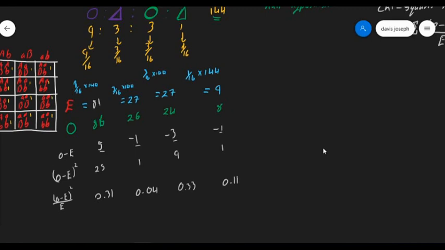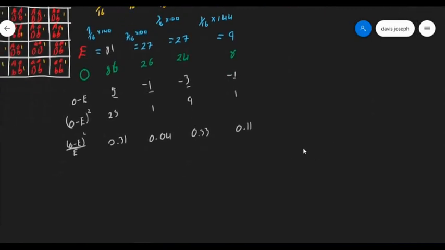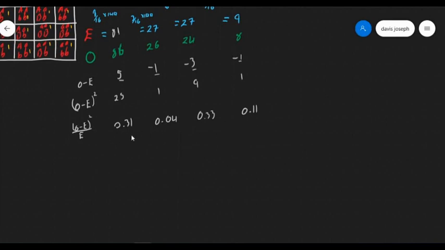Now we have to add up all these values because it's the sum. So we say 0.31 plus 0.04 plus 0.33 plus 0.11, and that would be 0.79.